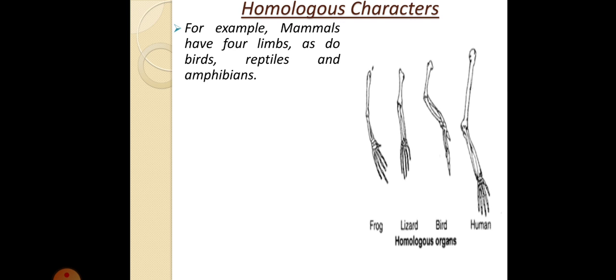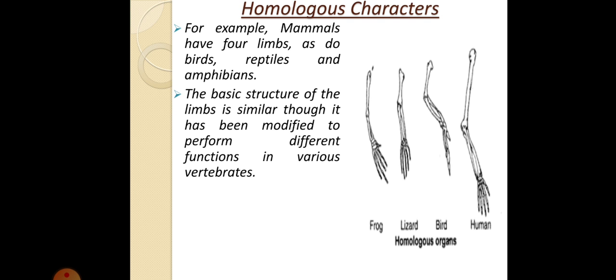From the picture, you can see their structure is more or less the same, or similar. The basic structure of the limbs is similar, though it has been modified to perform different functions in various vertebrates. In the frog, the limbs are used for jumping.